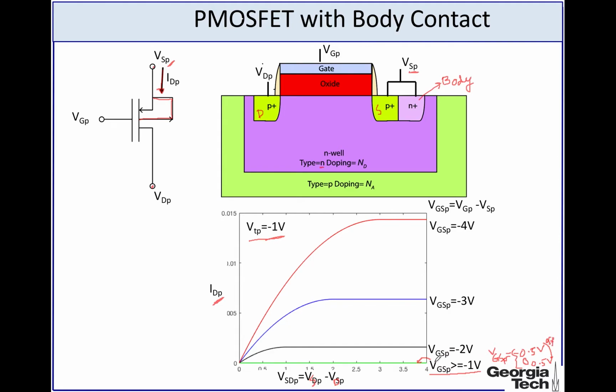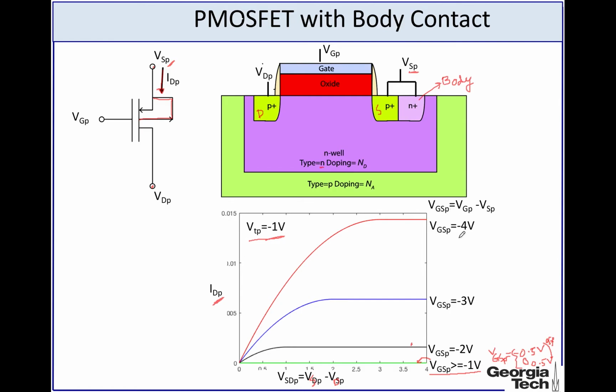So as you decrease the gate voltage with respect to the source voltage below minus 1 volts, then you will start getting current through the device. For example, when VGSP is minus 2 volts, you get this much current. You then decrease VGSP to minus 3 volts, you get larger current.